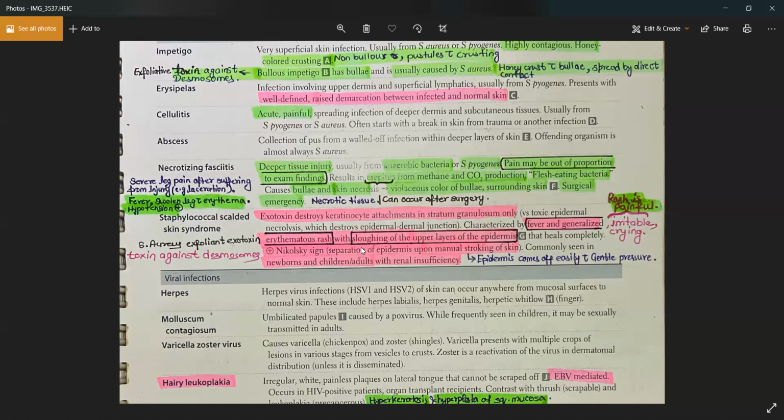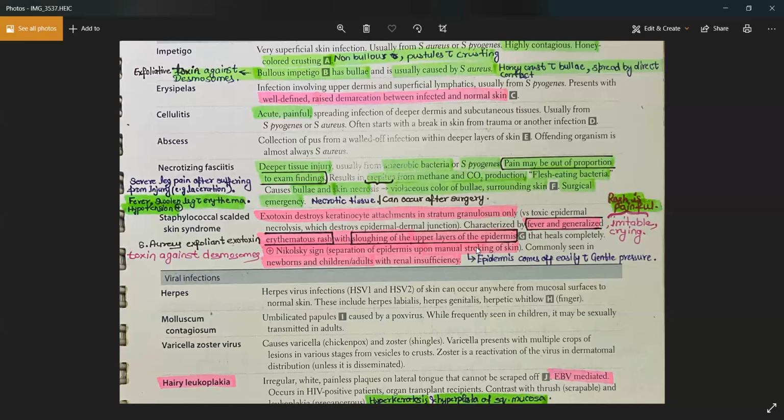Which is a sloughing of the upper layer of the epithelium with a very slight pull of the skin. Very important. Whenever you manually stroke the skin with a slight stroke, you will have sloughing of the skin, and this is the positive Nikolsky sign.